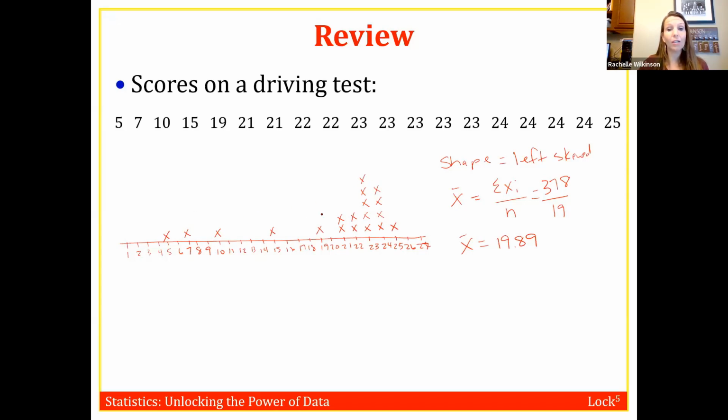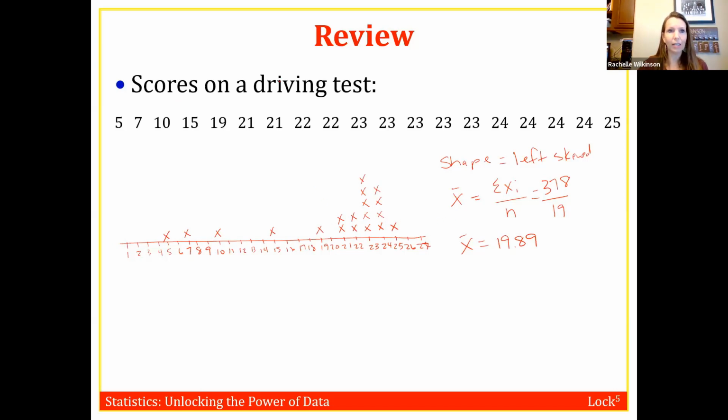Yeah, higher, okay? Because remember that the mean in a skew distribution is always pulled in the direction of the skew. So that means the X bar in this case is being pulled down by these outliers out there. And so the median, which will stay in the middle, is going to be higher than the mean.